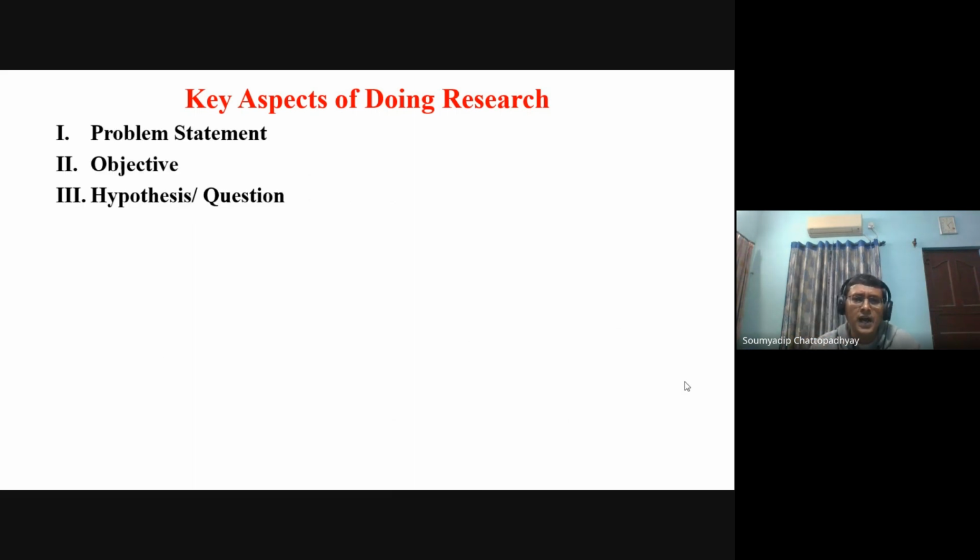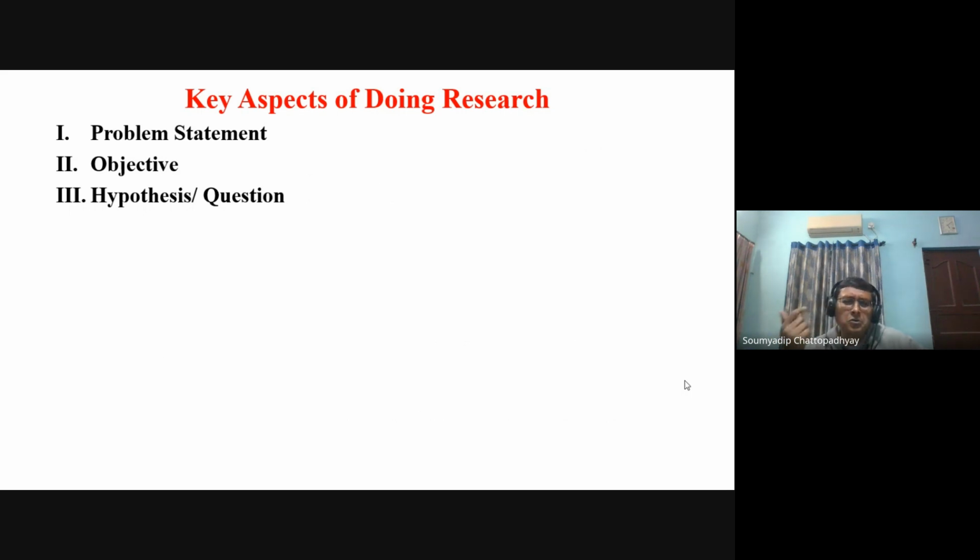Before going into the details, let me briefly highlight the key aspects of doing research. In the context of any research, qualitative or quantitative, we start with a problem, and related to the problem we can think of an objective, and also a hypothesis or research question.